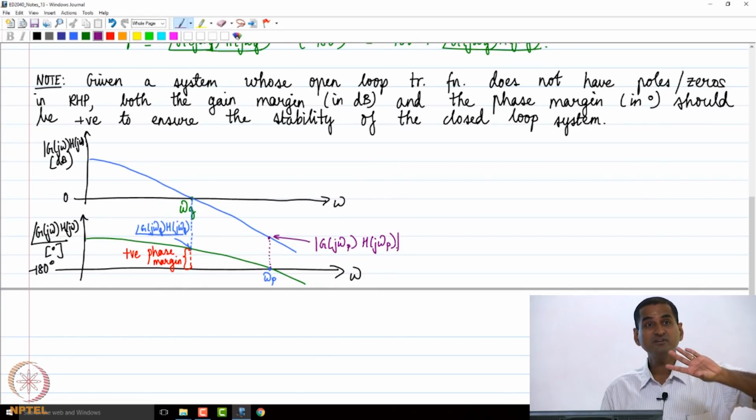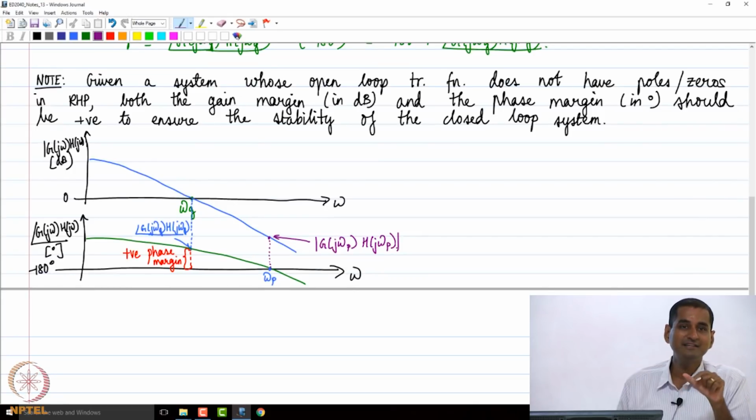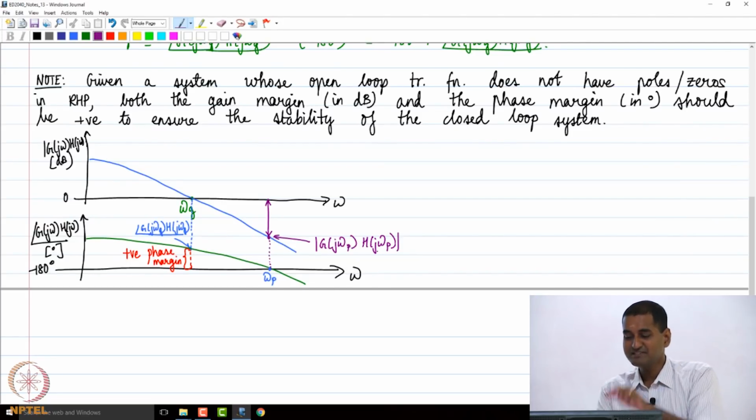The gain margin is going to be the reciprocal of that, or in decibel units it is going to be the negative of that. So this is going to be the gain margin. Is this going to be a positive gain margin or a negative gain margin? It is going to be positive, because this number is negative, so you take the negative of the negative number. Do you agree?